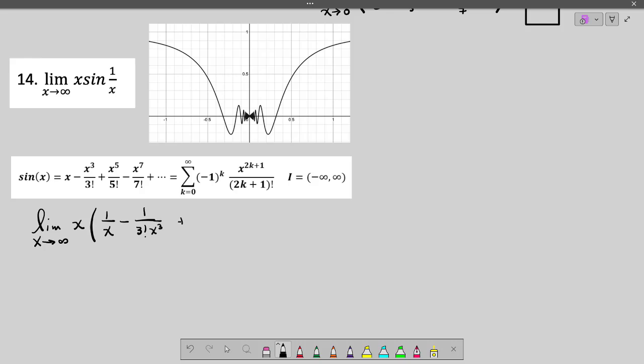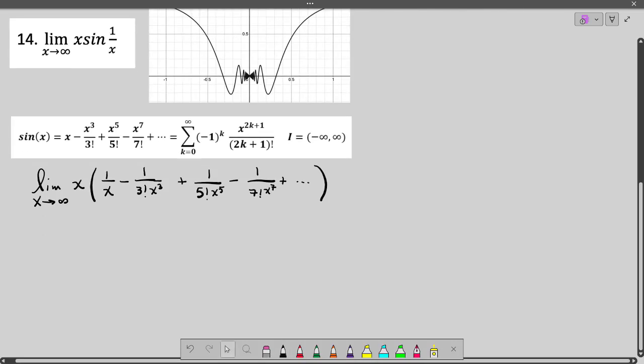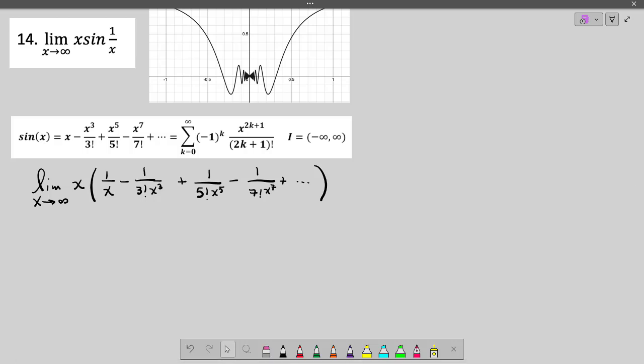If we want to write this out, we would replace all the x's with 1 over x. We have that. And you can kind of see what happens as you distribute the x. The pattern here is that the simplification is always ending up with a constant plus a tail that's going to go to 0.